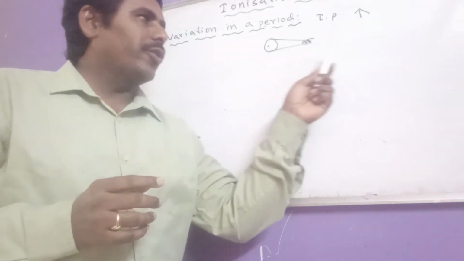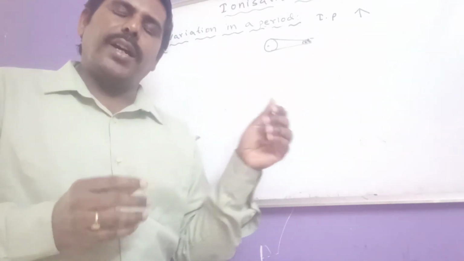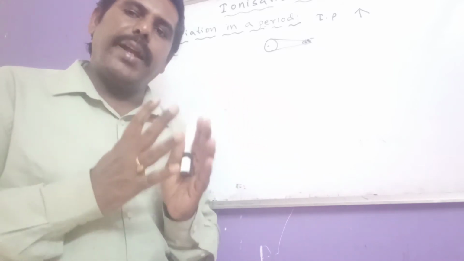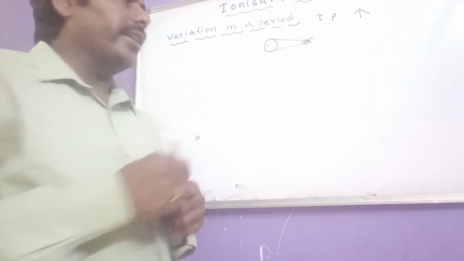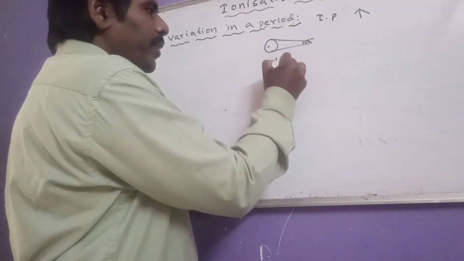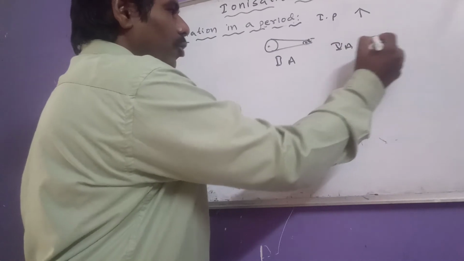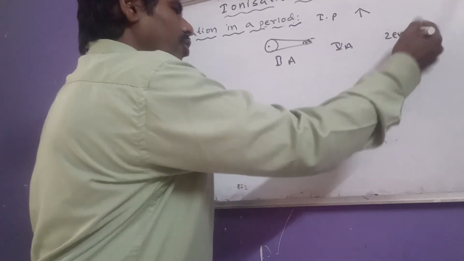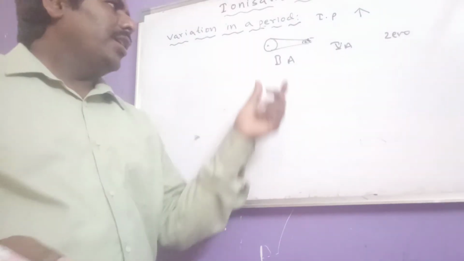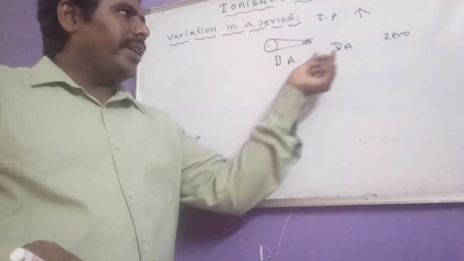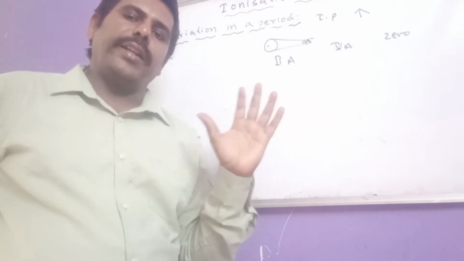That means from left to right, IP increases, but in case of some elements, some irregularities are there. What are those irregularities? Especially the second A group and fifth A group, and of course zero group, which we know has the highest ionization potential. But in case of second A and fifth A, we can observe some irregularities.